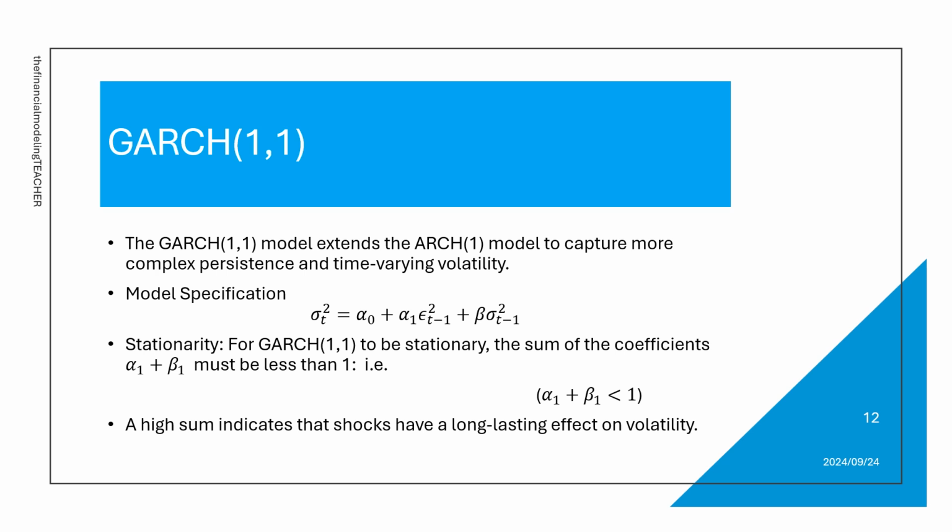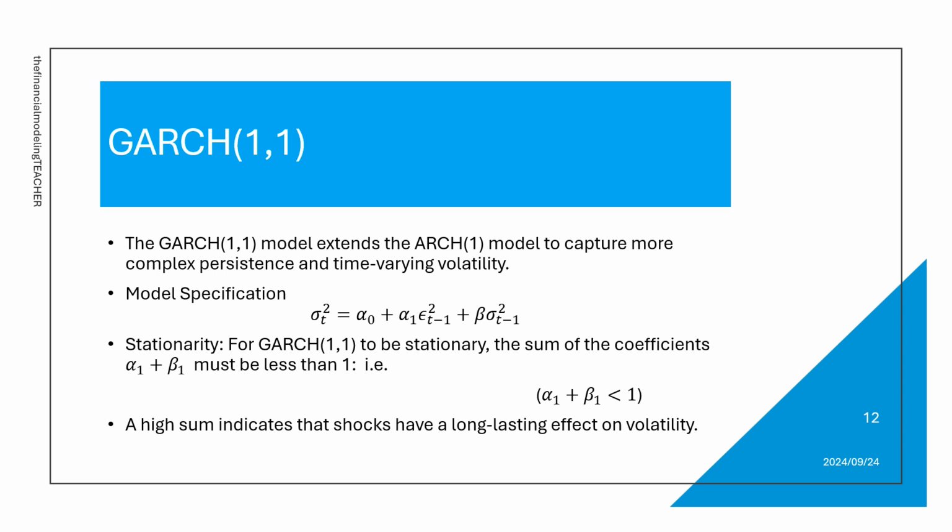This model, in contrast to the ARCH model, has an extra term, which is the past volatility measure, squared. We add that to the error term plus the ARCH volatility, so GARCH here is a linear combination of both the past error term and the past volatility.